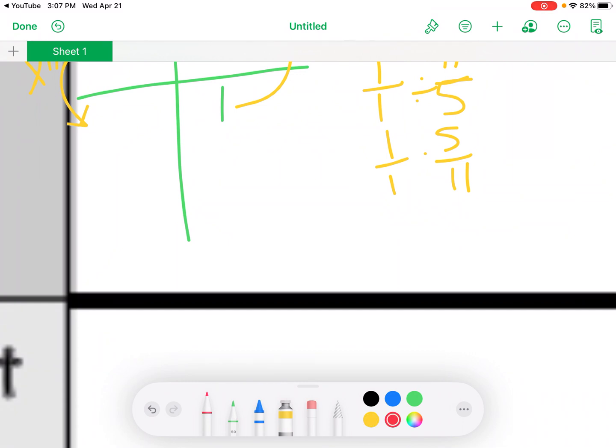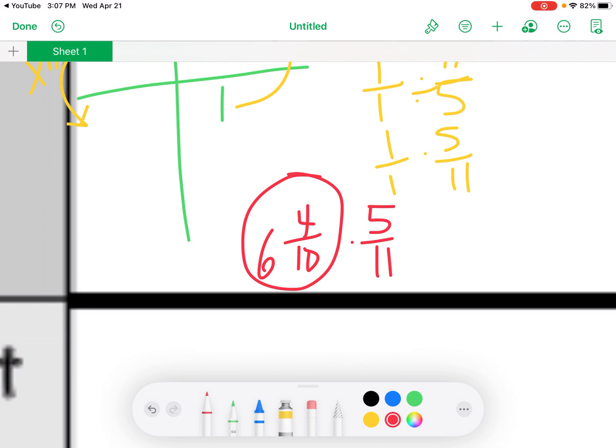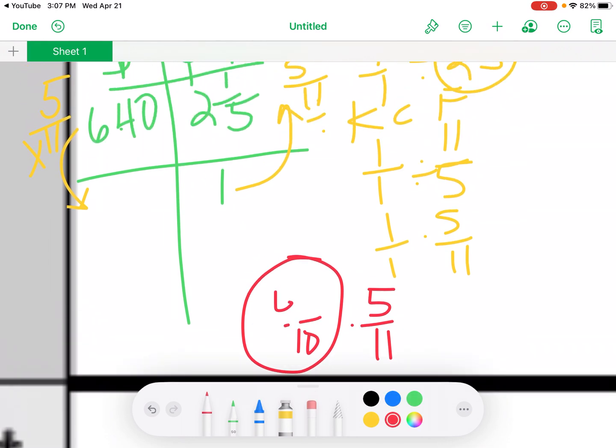So I have to think what that really means. That means 6 4/10 times 5/11. So I have to go around the world, change my fraction into a mixed number. So 6 times 10 is 60 plus 4 is 64. So I have 64 over 10. I'm multiplying across.